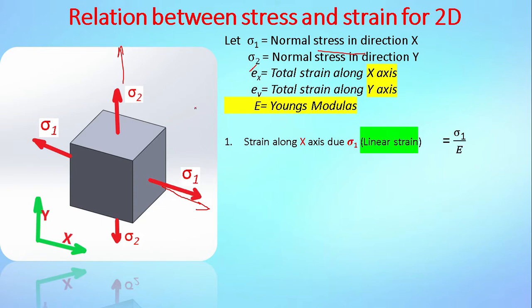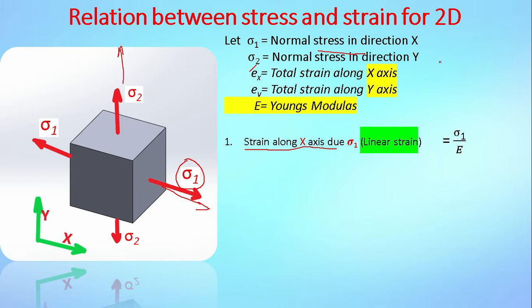Now we will calculate the strains along x and y direction due to the effect of sigma 1 and sigma 2. So first, strain along x axis due to the effect of this sigma 1. As x direction is a linear direction for this sigma 1, so linear strain is equal to stress divided by Young's modulus.